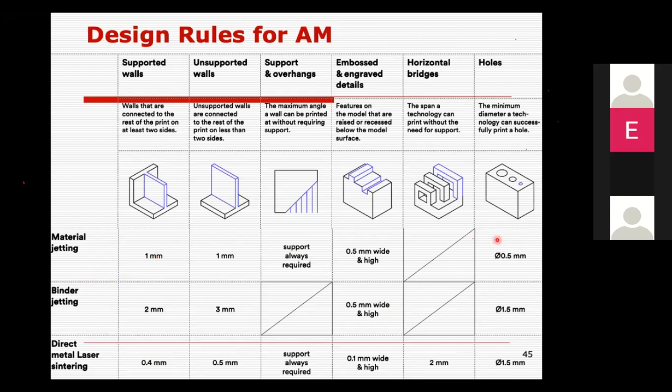So we need to consider what kind of technology or facility you have, or at least your service bureau has to communicate with you, or at least has to tweak or modify the design from a design for additive manufacturing perspective, right?